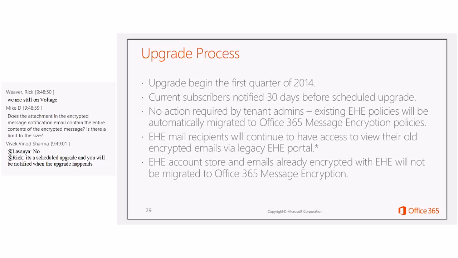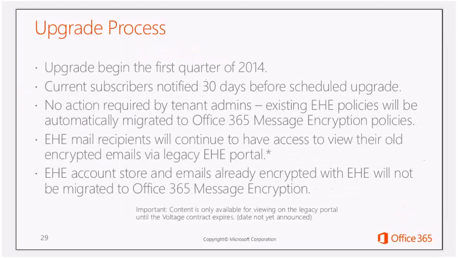So it's like two separate systems. And that leads to this next important note. The content, and this is very important, is only going to be available for viewing on the legacy portal until the Voltage contract expires. And unfortunately, that date hasn't been announced yet, at least to my knowledge. So that's a really important thing to make note of, that eventually it will go away.